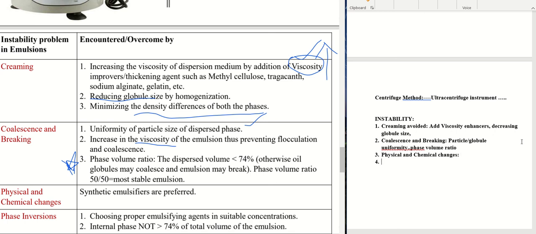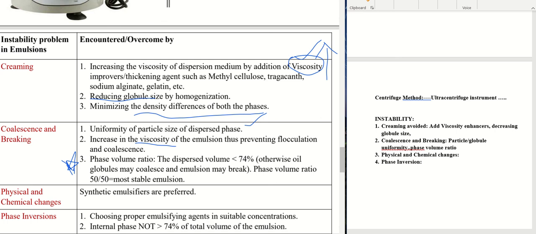And the next one is phase inversion. Phase inversion is a phenomenon where the supposed-to-be internal phase turns out to be the external phase, and the supposed-to-be external phase turns out to be the internal phase.